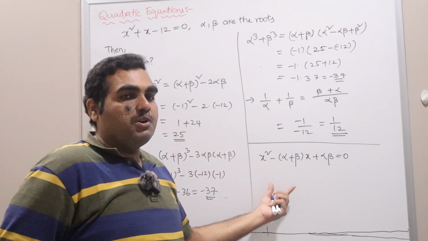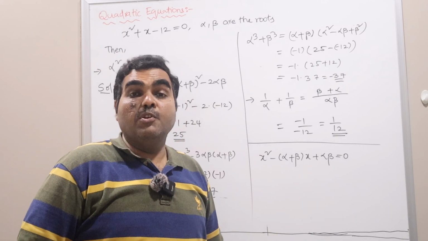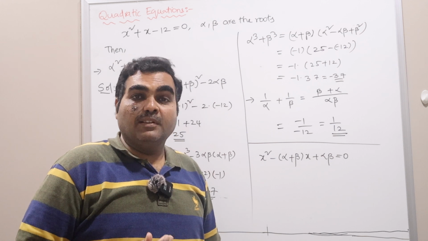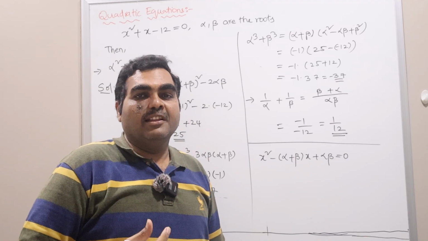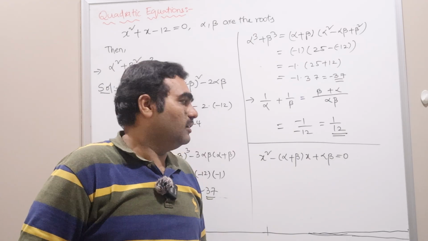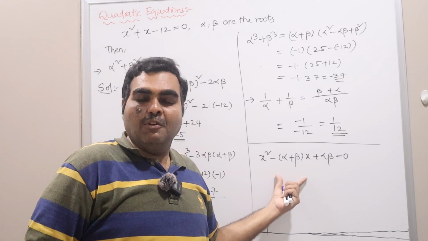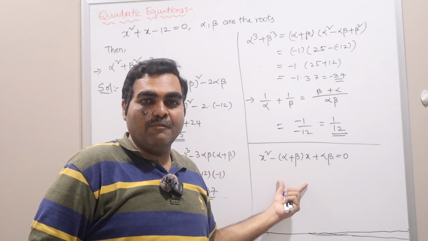This is going to help you when you deal with cubic equations and polynomials with degree greater than 3, greater than 4. Whenever you deal with such polynomials, this representation is going to help you. Once again, I will recap when I do that in the video.